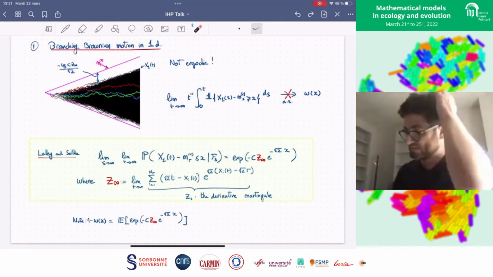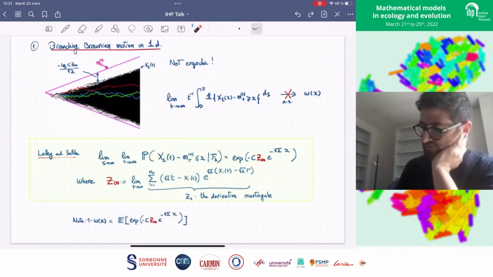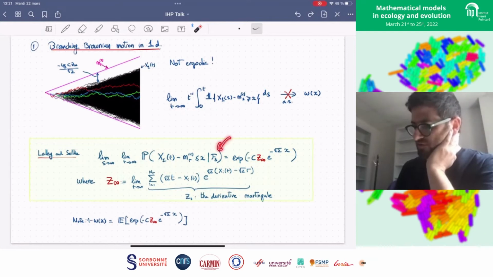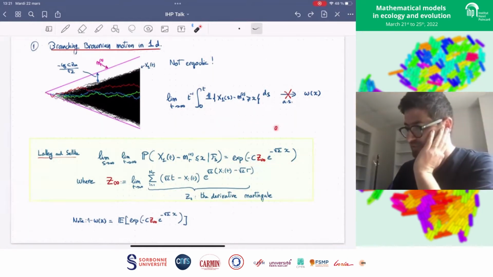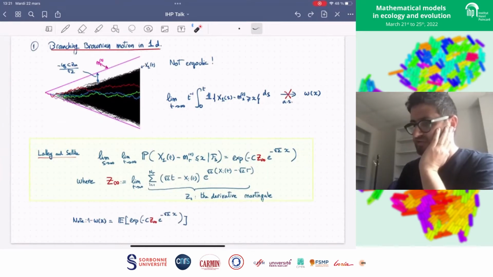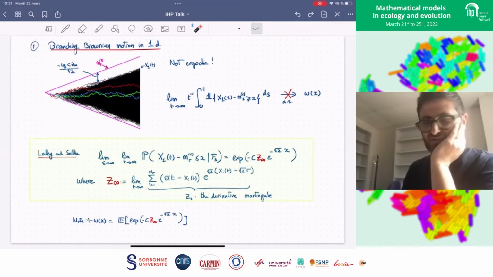You should understand F_s as the information about what happened at the beginning of the process. Then you let t go to infinity, and then s go to infinity, and this probability converges to this random quantity, which involves this Z infinity, the limit of a certain martingale associated to your BBM.